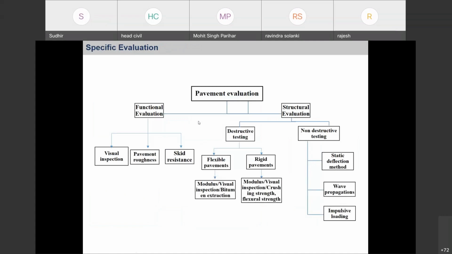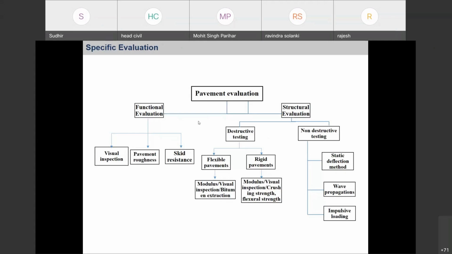And if we talk about structural evaluation, you might go for destructive testing or non-destructive testing. For destructive testing, you might directly take core samples from field and test them in lab, or also make observations by visually inspecting the cores. You can understand the characteristic property of the material by measuring its modulus values and its strength.